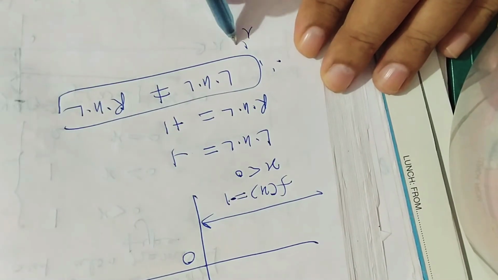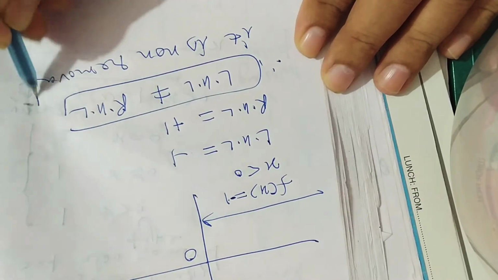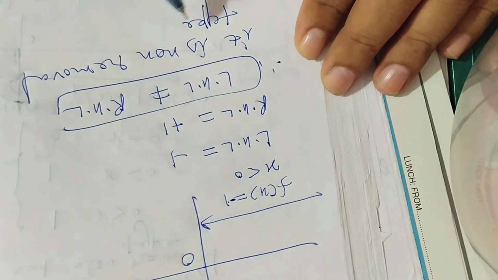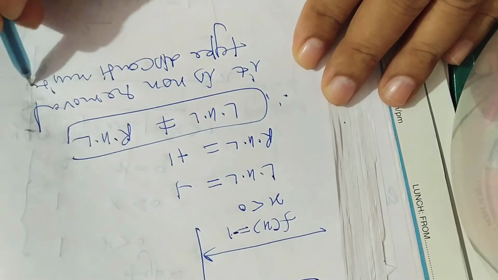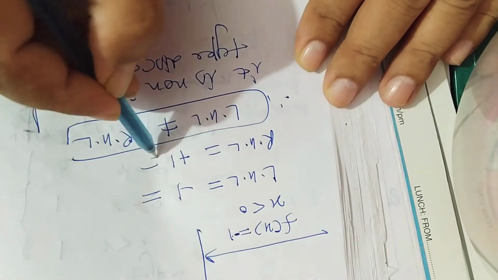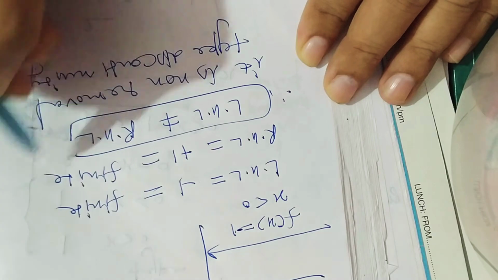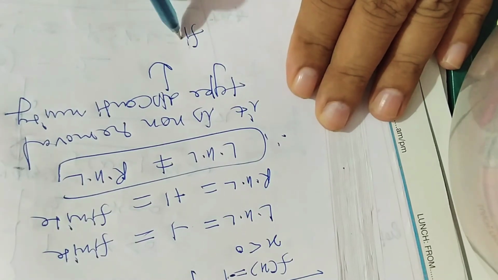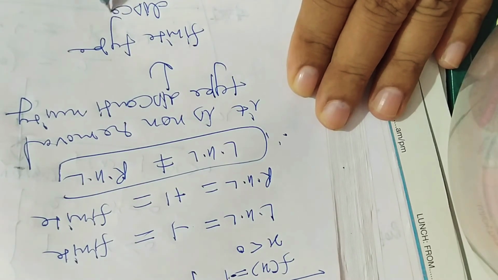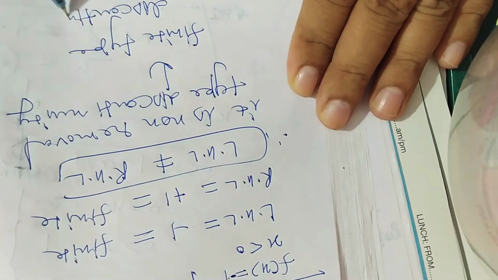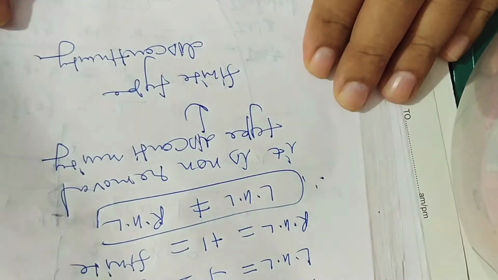It means it is non-removable type discontinuity. Since LHL and RHL are finite values, it is also called finite type discontinuity.